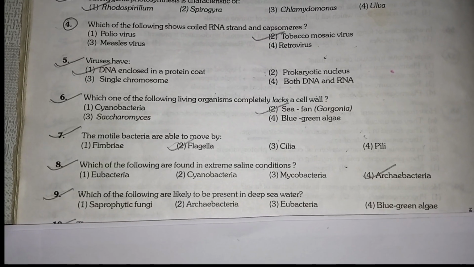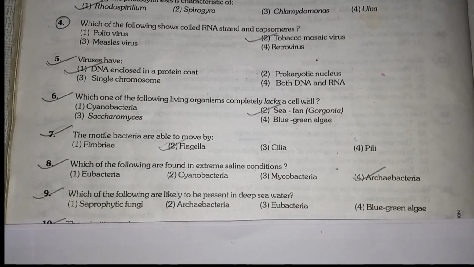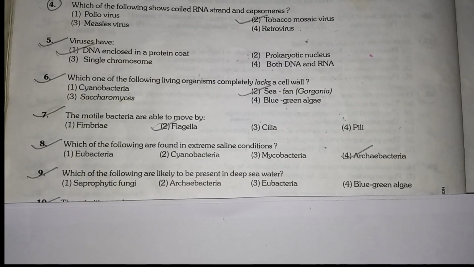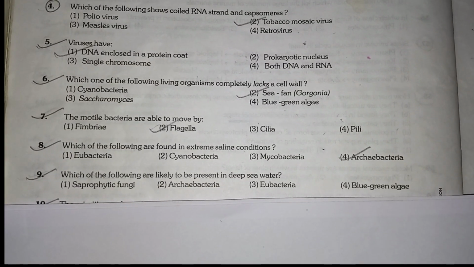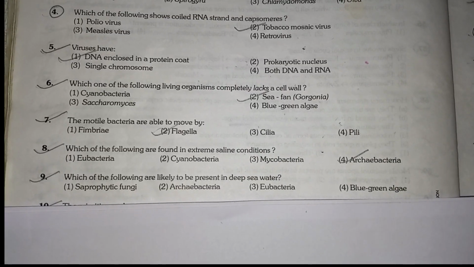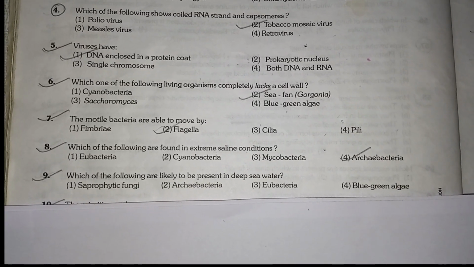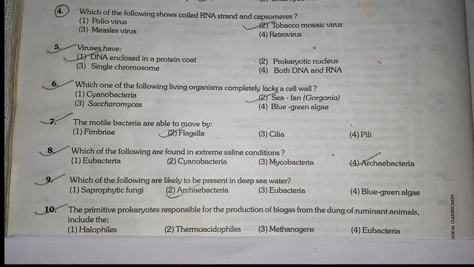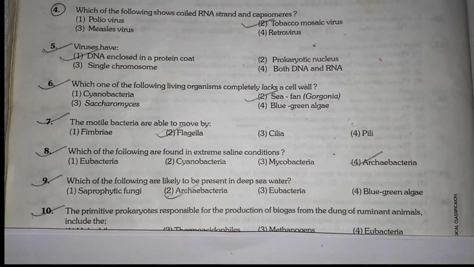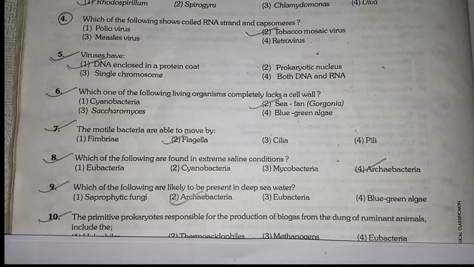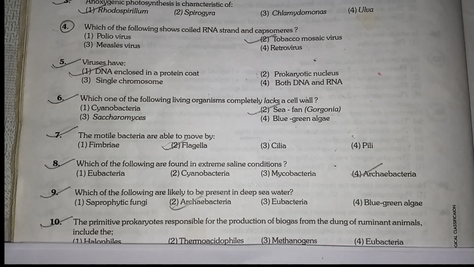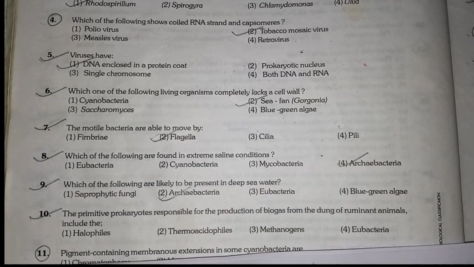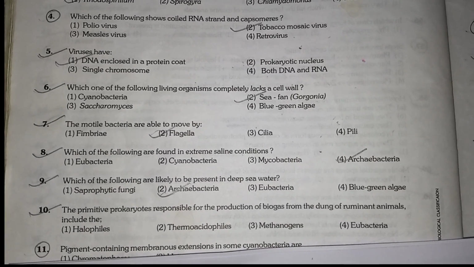Which one of the following are likely to be present in deep sea water? Saprophytic fungi, Archaebacteria, Eubacteria, and blue-green algae. And the correct option is Archaebacteria. The primitive prokaryotes responsible for the production of biogas from the dung of ruminant animals include the halophiles, thermoacidophiles, methanogens, and eubacteria.